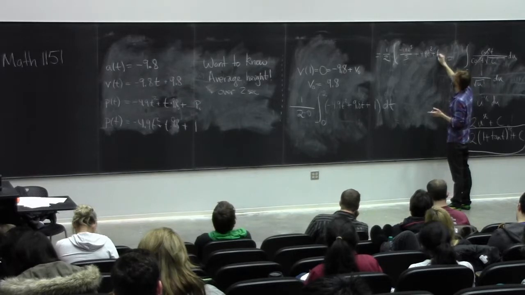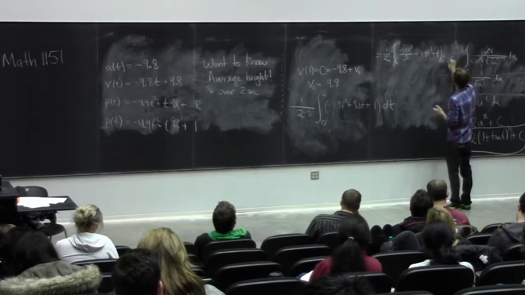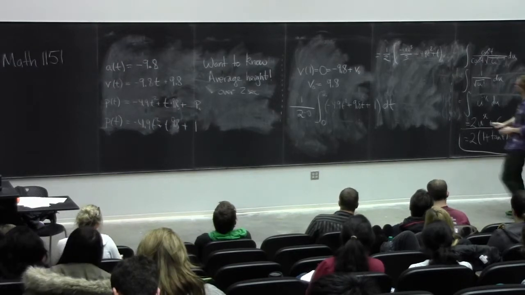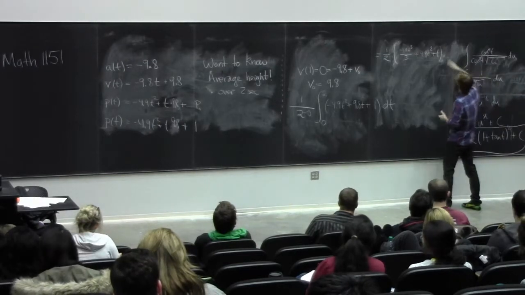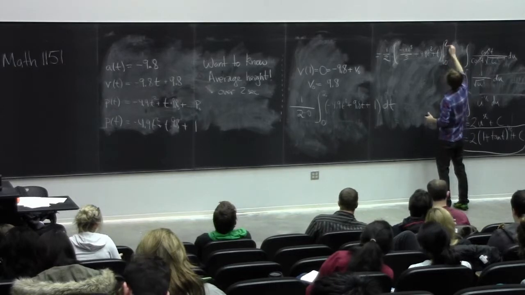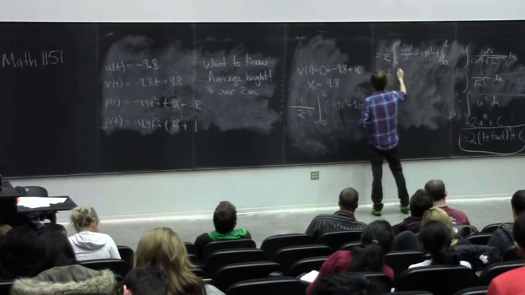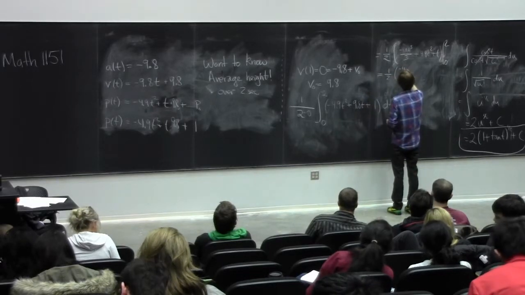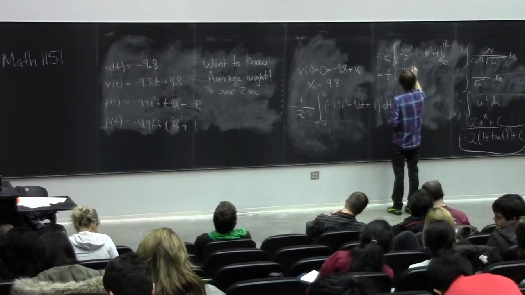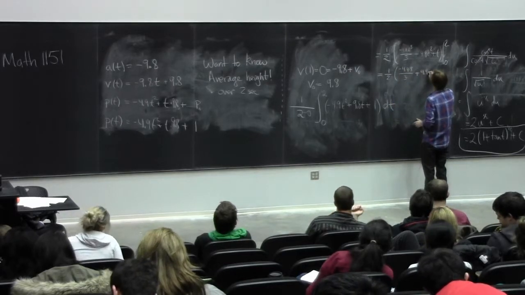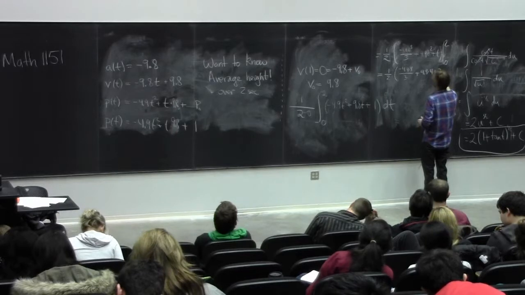Plus t, right? The whole thing evaluated from 0 to 2. So the average height is 1/2 times minus 4.9 times 8 over 3 plus 4.9 times 4 plus 2.